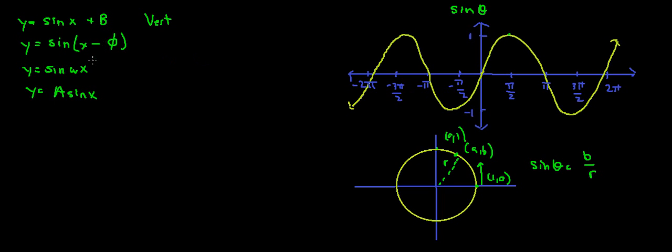And likewise with horizontal shifts. In polynomials, if I had something directly subtracting or adding to the x value, this would be a horizontal shift. And if it was a minus, then that means it shifted it to the right. And if it was a positive, that means it shifted to the left.